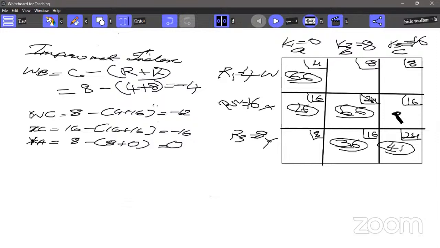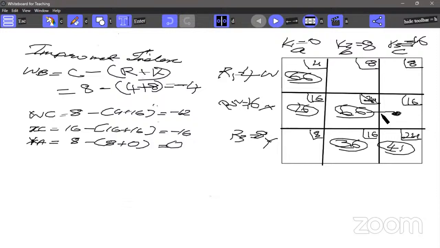closed loop. Can you step on water? Unless you are God, you can't step on water. I have to step only on a stone. So for this XC cell, I have to find a loop such that I start my journey from here and come back home.